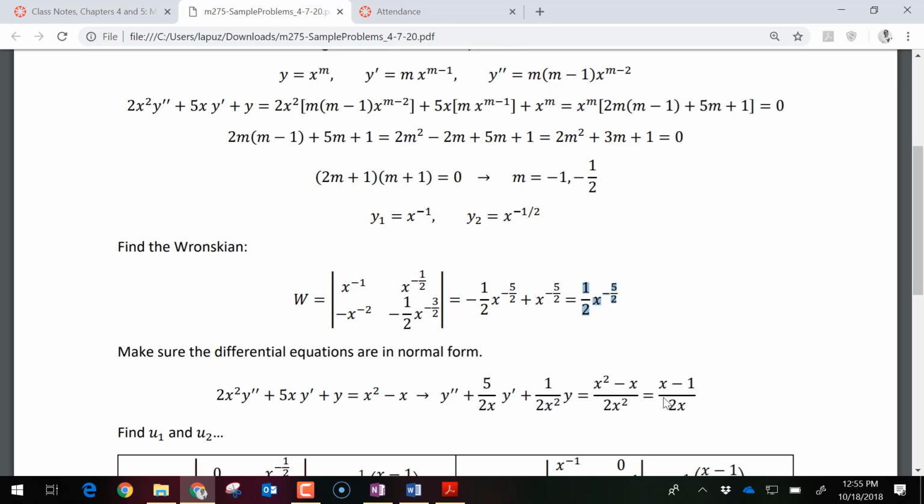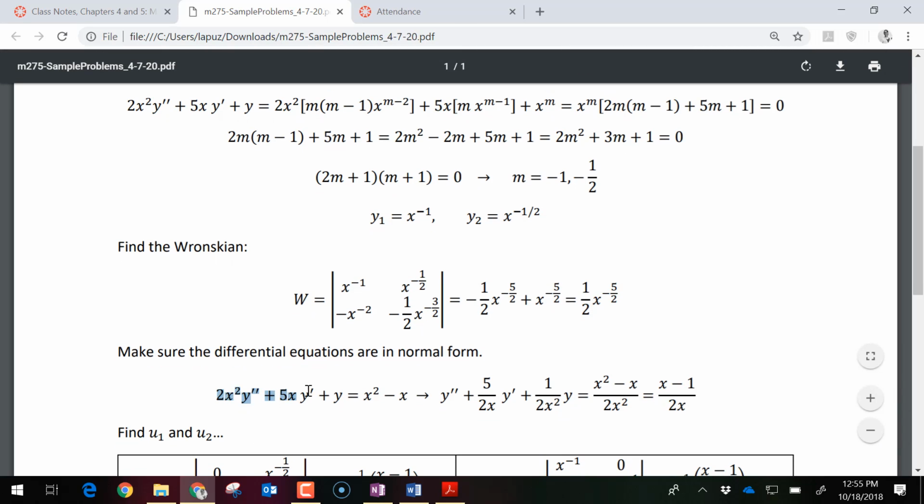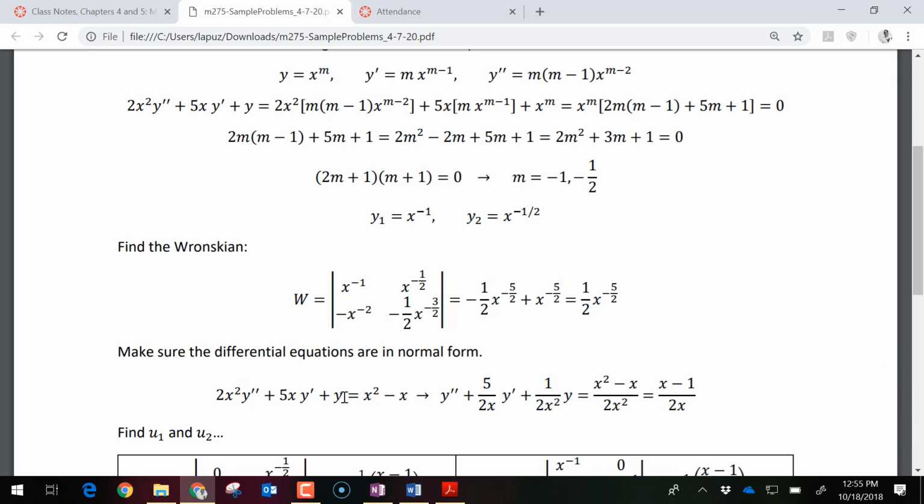And we had to do this step over here to try to make it fit our formulas, which is to say it has to be in a normal form. So the coefficient of the y double prime had to be equal to 1, so we had to divide out by 2x squared.